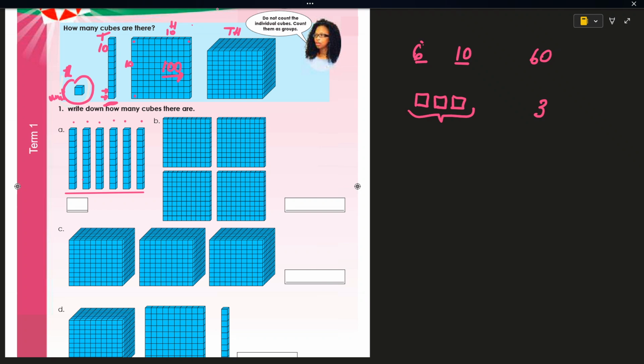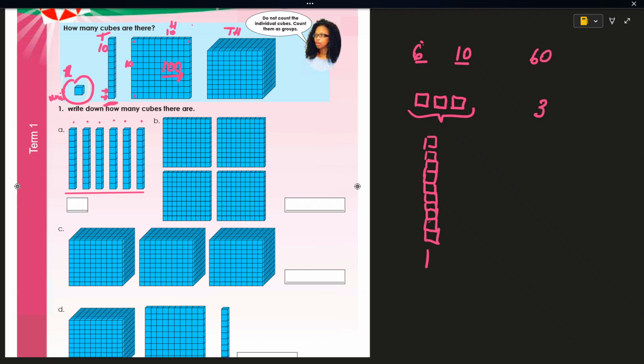You have 3 blocks. If you had, let's draw a 10 again, it must be like a stick standing like this: 1, 2, 3, 4, 5, 6, 7, 8, 9, 10.